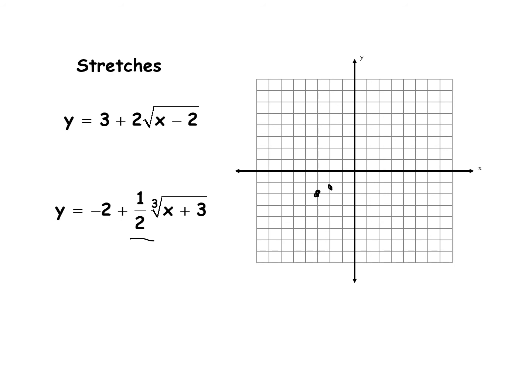I'm going to go -1, down a half. Normally I'd go over 8, up 2, but now I'm going to go over 8, up 1. 1, 2, 3, 4, 5, 6, 7, 8, up 1. And I can go -8, down 1, but I'm going to run out of room here. So this would just be the function like this. So if you have any questions, let me know.